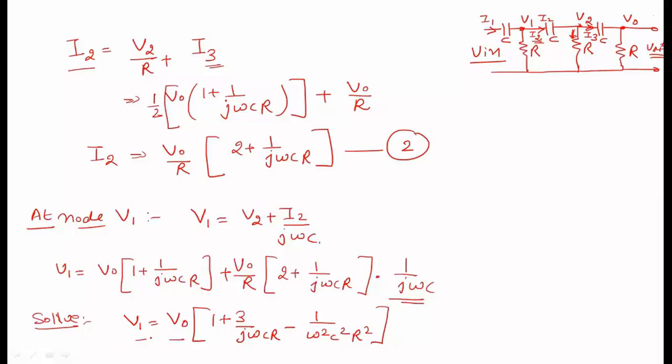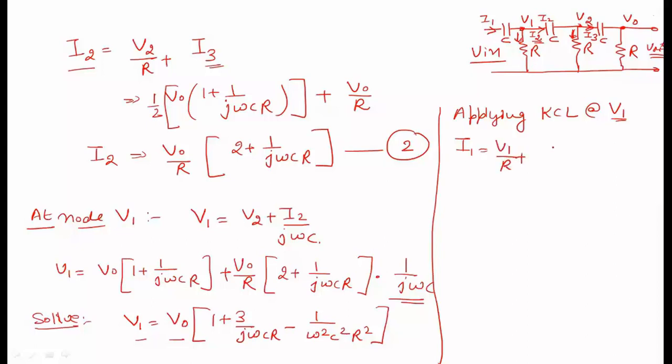Now apply the KCL at node V1. So if we write the KCL at node V1, we can have I1 is equal to, so we can say that I1 is going in two parts, and in this branch the current is V1 by R. So we can say that I1 is equal to V1 by R plus I2.